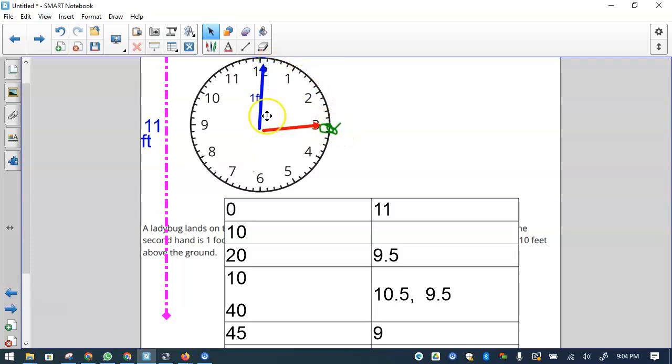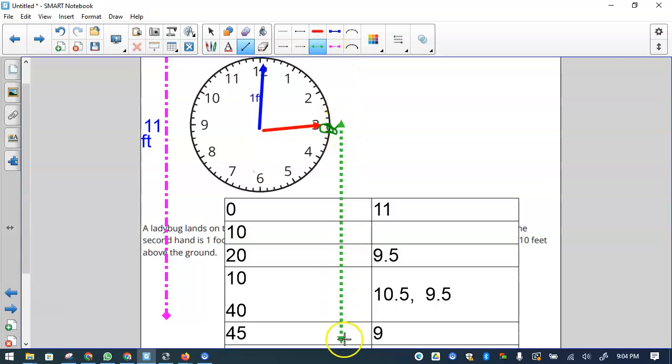This is the minute hand, which is 9 inches. So the question is, at what height is this? We have seen earlier that this distance was 10 foot from the ground.